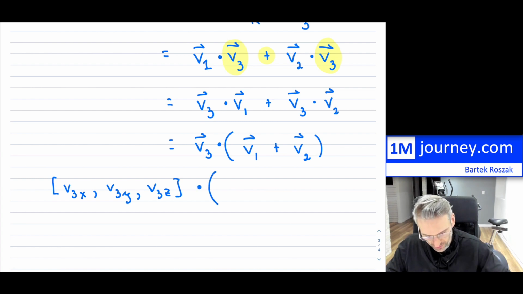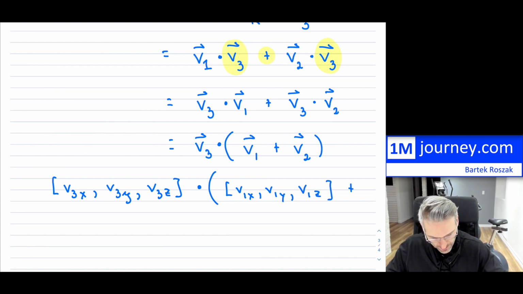Then you can break down, so you would have your two components. This is v1, and you would write this one in terms of its components, and then you would add it up, and this would be your v2 in terms of its components. So you can go ahead and set it up in this particular way.